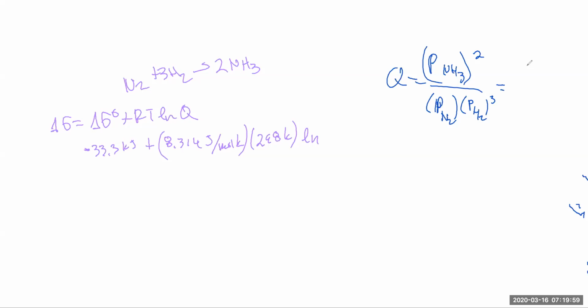So this becomes 0.65 squared over 1.9 times 1.6 cubed, right?